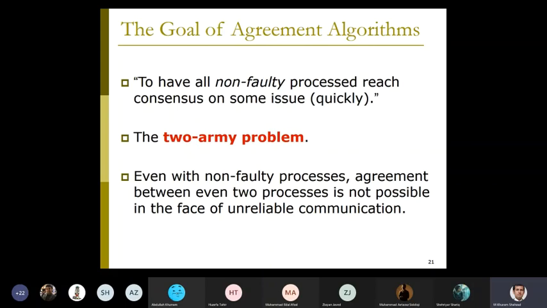In order to understand that, we have the two army problem, where there are two generals. Even with non-faulty processes, agreement between even two processes is not possible in the face of unreliable communication. So communication reliability is very important.